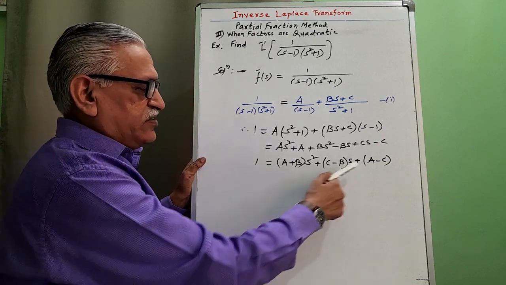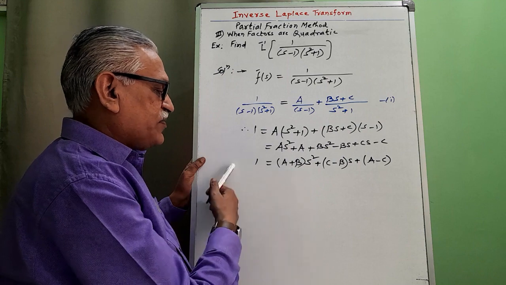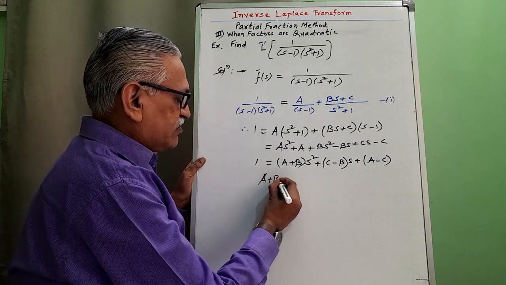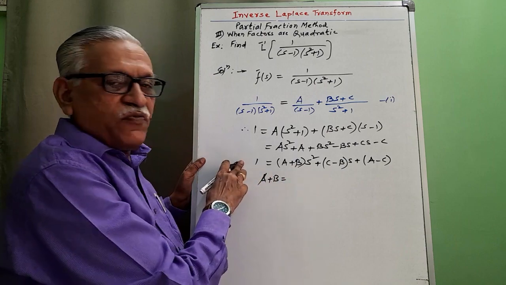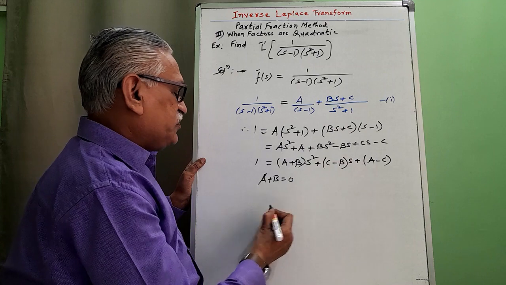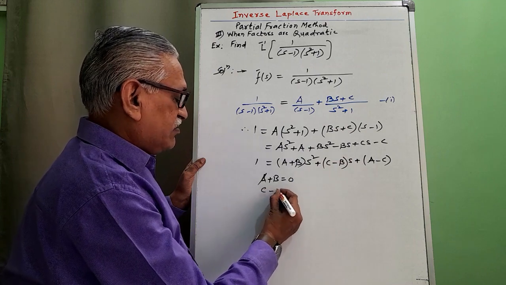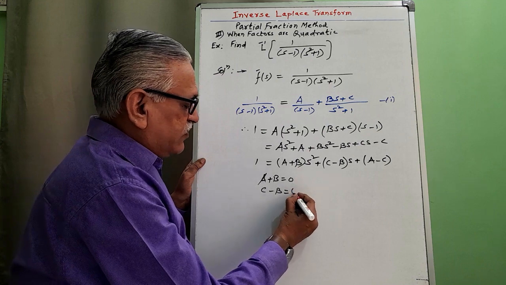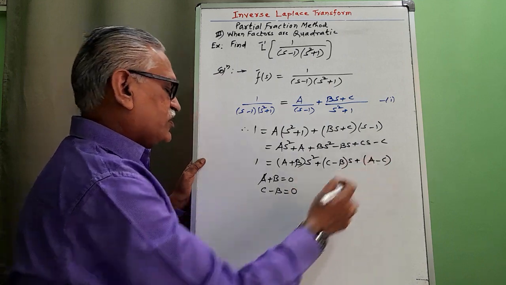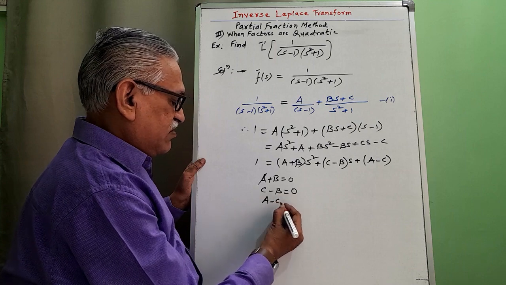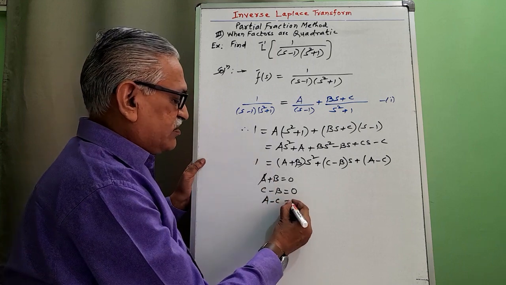Comparing these two sides, comparing the coefficient of s square with the coefficient of s square, it is a plus b. Here no term of s square means it is equal to 0. c minus b, again no term of s, therefore equated to 0. Constant term a minus c, here the constant term is 1.